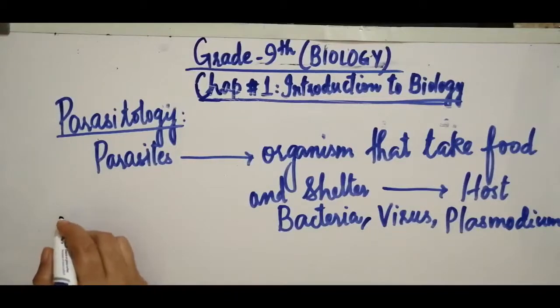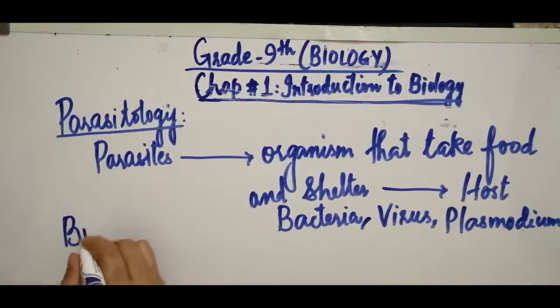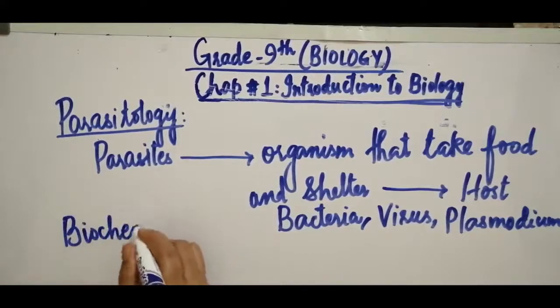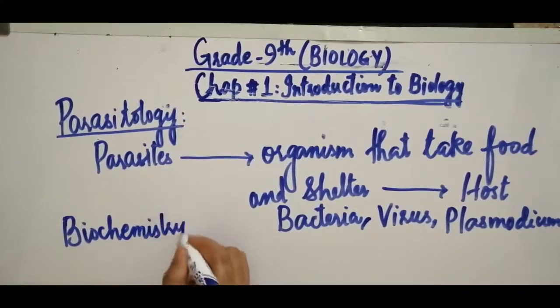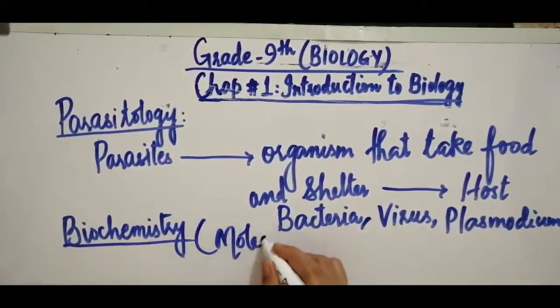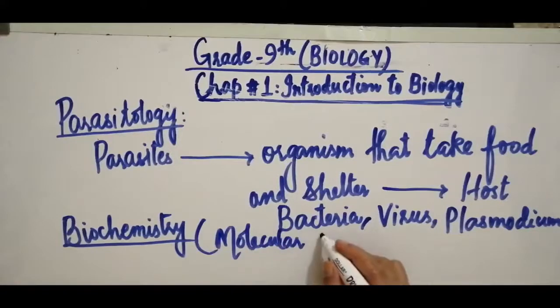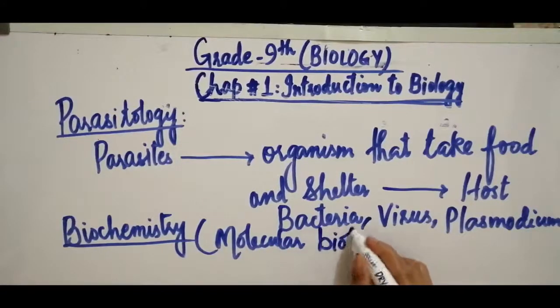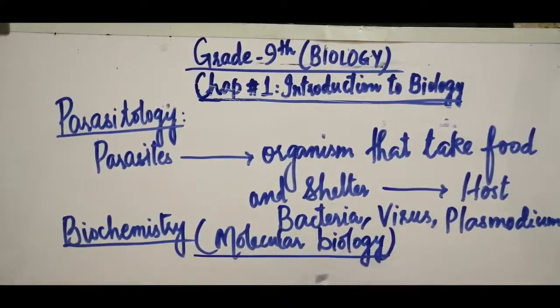Next branch of biology is biochemistry. Biochemistry is also called molecular biology. So I'm writing here another name, molecular biology, that is also called biochemistry. Now, what is this branch about? This branch deals with the study of the molecules of life.